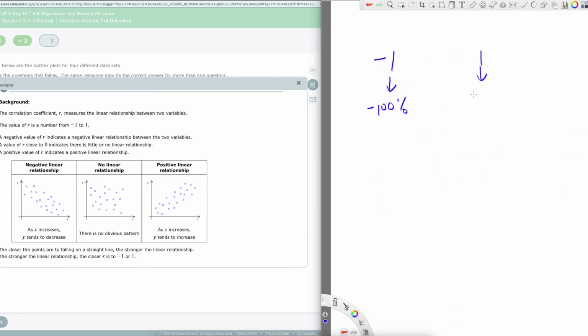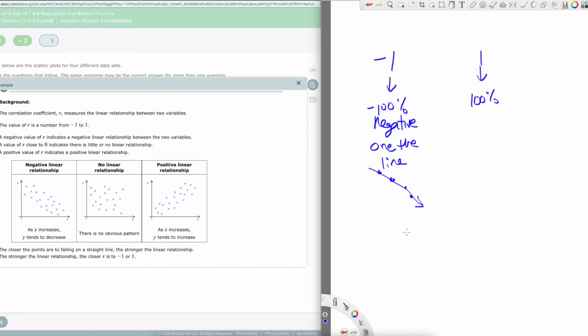And what we can think of is -100% means that it's a negative relationship, and they're on the line. So if I'm saying it's a -1 correlation, it is a straight line going down, and all of my points are on this line. So they're all on the line of a negative slope.